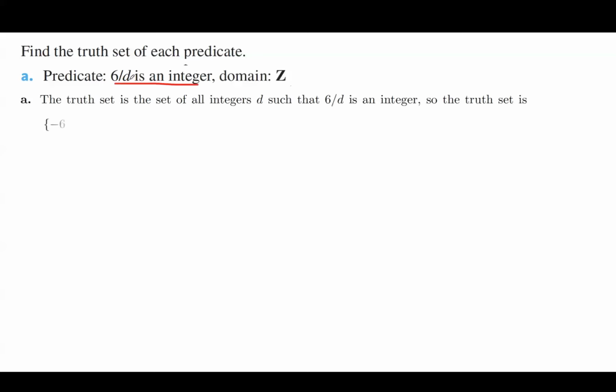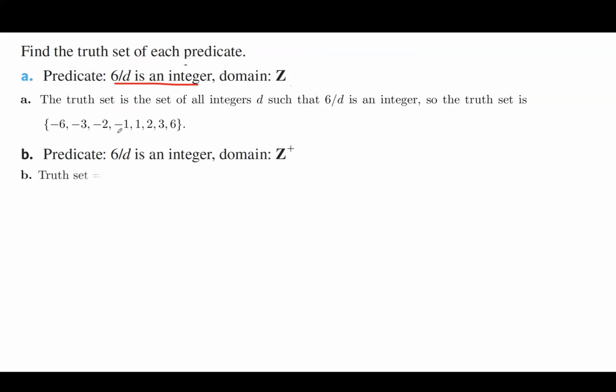So the true set is basically all the factors of 6: plus minus 6, plus minus 3, plus minus 2, plus minus 1. But if I change the domain, for example, to positive integers, this true set becomes smaller. Just positive numbers are included.